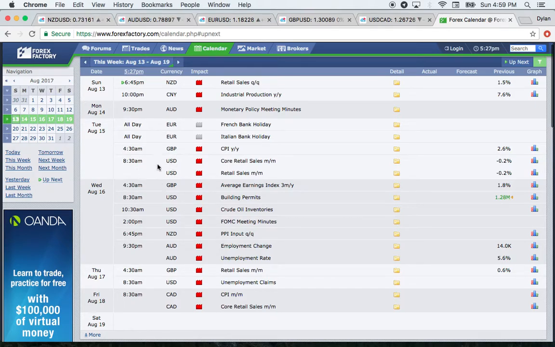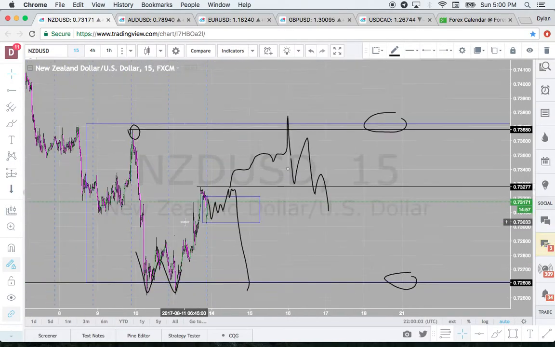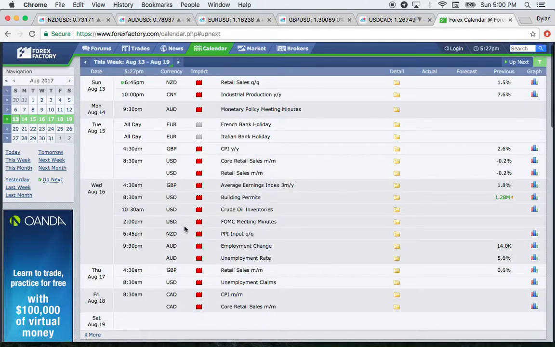So we should see some movement on all the USD pairs, because there are quite a few USD related high impact news events Tuesday, Wednesday, and Thursday. Multiple news events.